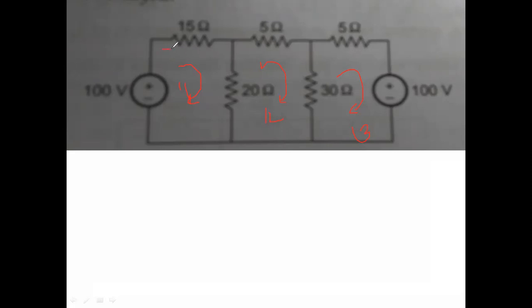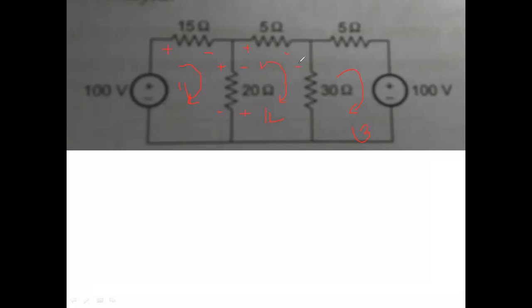For resistors it is plus and minus, because according to the direction you choose, we can represent it.